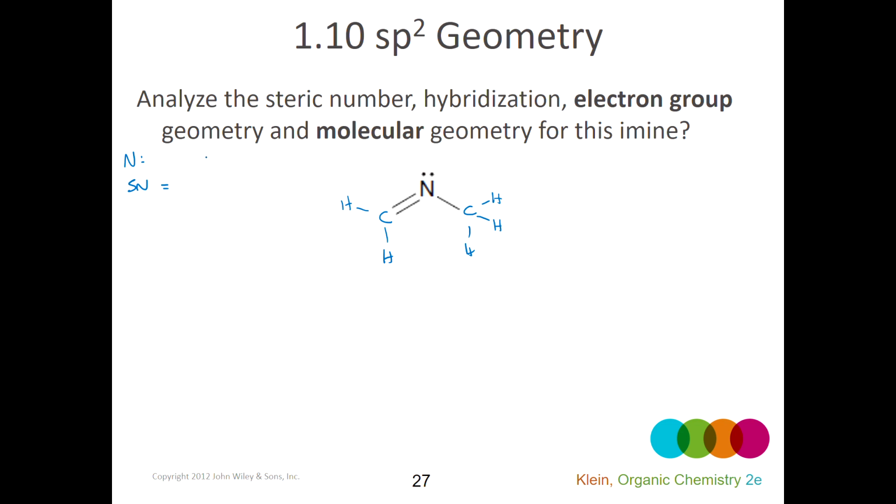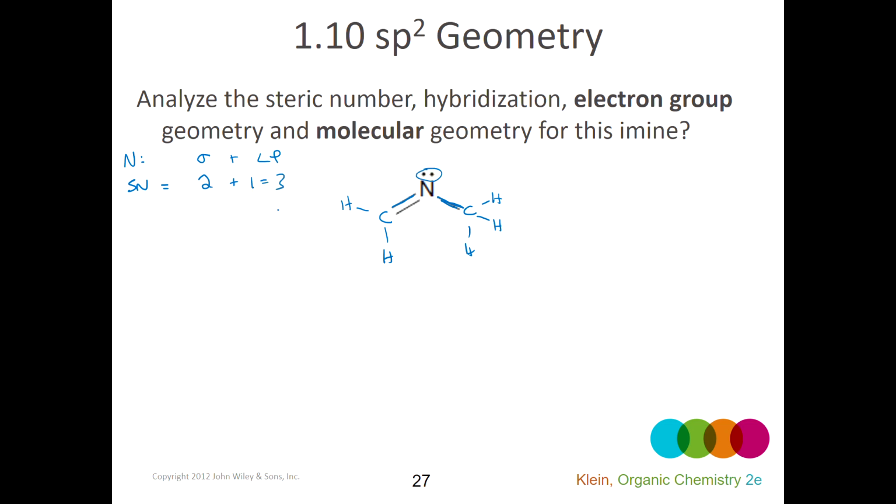So I'm going to add sigma bonds plus lone pairs. So for the nitrogen, I've got 1, 2 sigma bonds. I can't have 2 sigma bonds between the same 2 atoms. So anytime 2 atoms share electrons, only one of the shared pairs can be a sigma bond. So I've got 2 sigma bonds total, and obviously 1 lone pair.